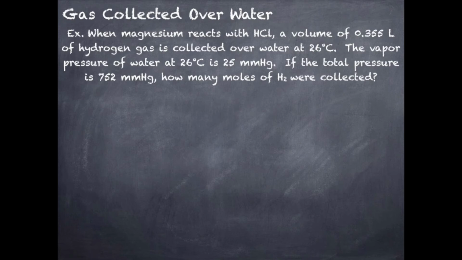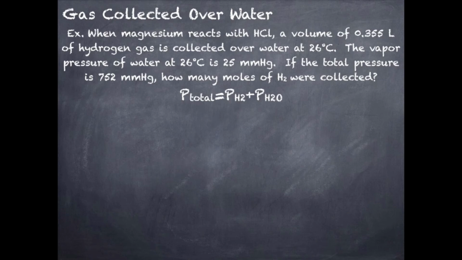Okay, so imagine you're allowing this reaction to occur, and the gas is being produced right over water, simply sometimes for safety purposes or whatever it may be. The only issue with collecting it over water is that water itself is going to have a pressure. Well, that's not really an issue because based on Dalton's law of partial pressures, I know that the total pressure equals the partial pressure of the hydrogen gas plus the partial pressure of water.